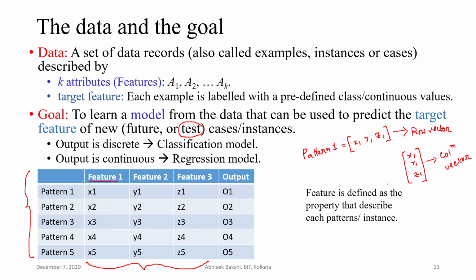The features can be skin color, hair color, height. With respect to these 3 or 4 properties, you can easily identify a person from America and a person from Africa.